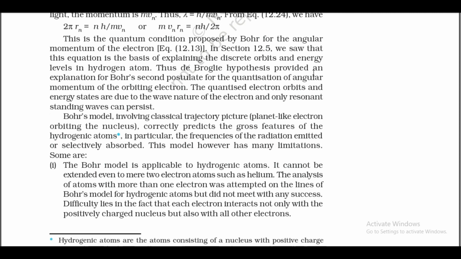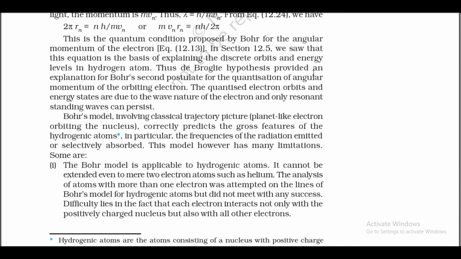Bohr's model, involving a classical trajectory picture of a planet-like electron orbiting the nucleus, predicts the gross features of the hydrogenic atoms, in particular the frequencies of the radiation emitted or selectively absorbed.